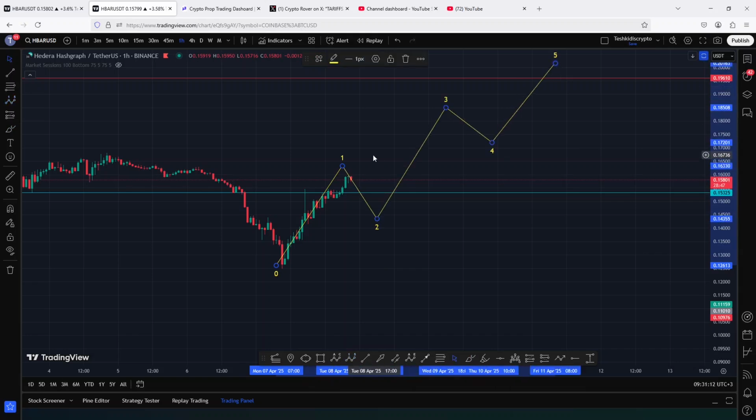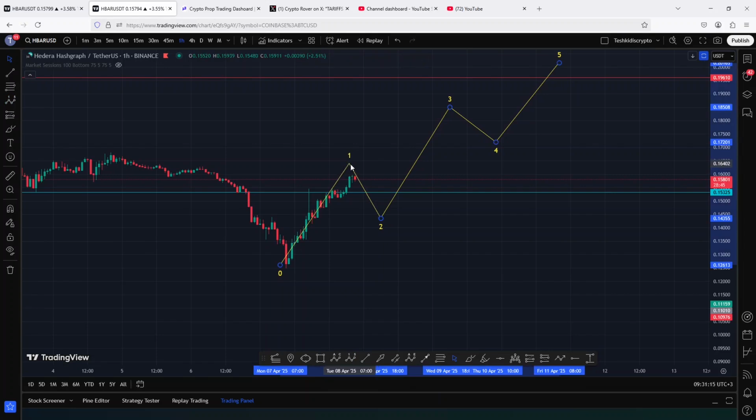And there are now high chances that we now have a high in place in the formation of this wave 1, or maybe possibly in the next coming hours we are going to have a high in the formation of this wave 1. And once we have a topping structure, then I will be able to give you the minimum target areas for the second wave.